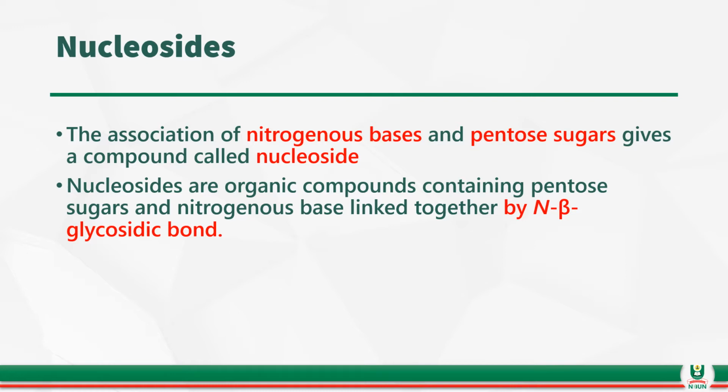If you look at nucleic acids, we have the DNA and the RNAs. A monomer of each nucleic acid is composed of three different things: nitrogenous bases, pentose sugars, and then a phosphate group.